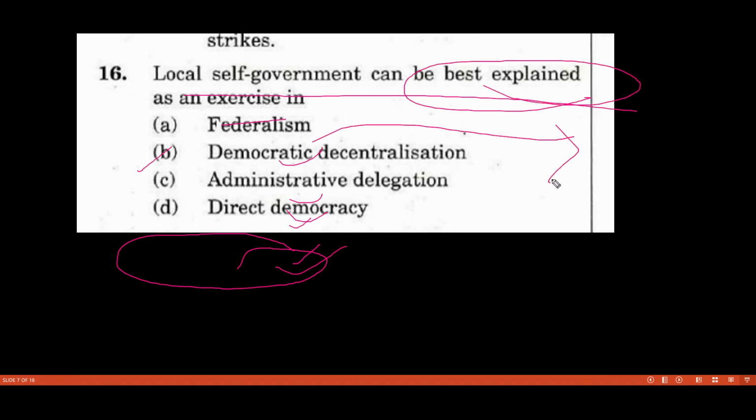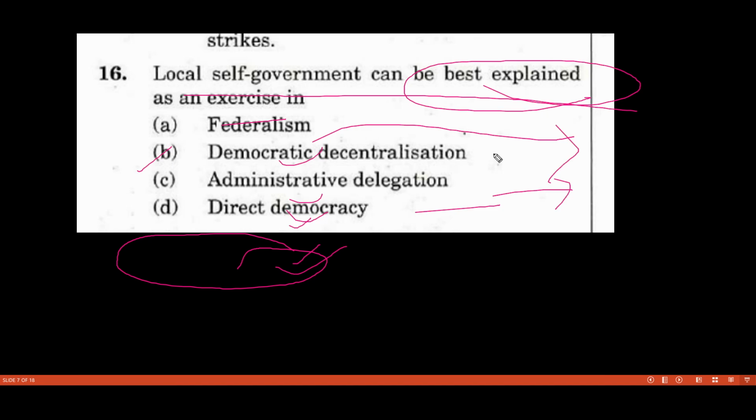If you see, federalism is not entirely wrong. Why? Because there is a delegation of power from one tier of the government to another tier of the government. So it can be said it's a federal setup, but federalism does not mean that. And then there is administrative delegation. Yes, there is delegation of the power, there is delegation of the functions to the Gram Sabha, and there is direct democracy also in the Gram Sabha.